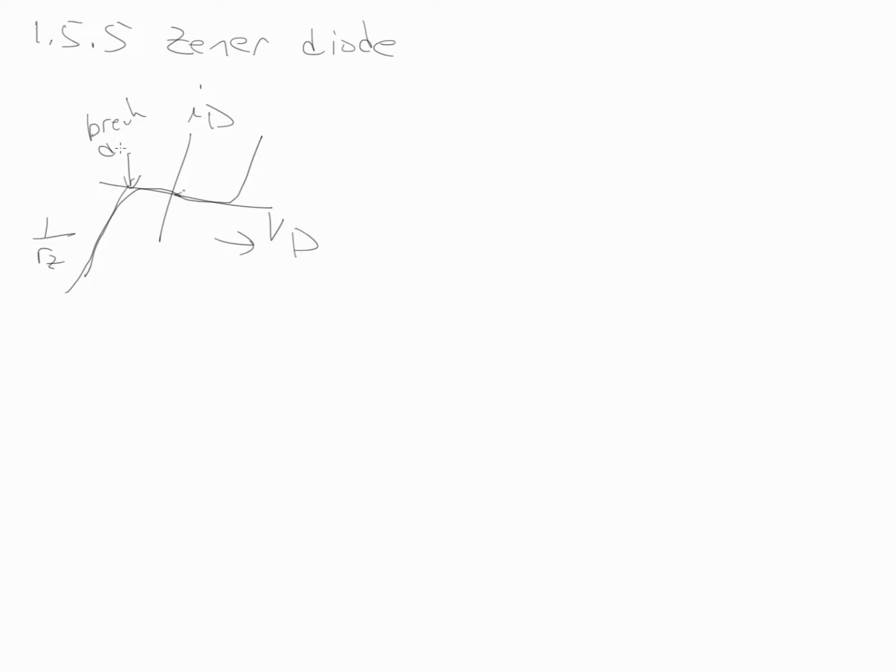So these Zener diodes are operated in reverse bias. And the symbol looks like a little squiggly line here.